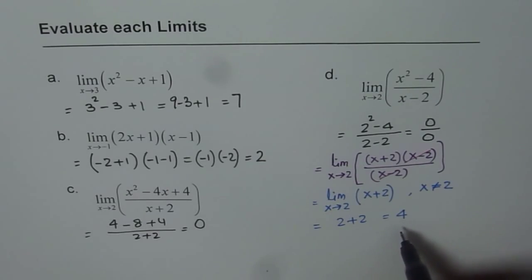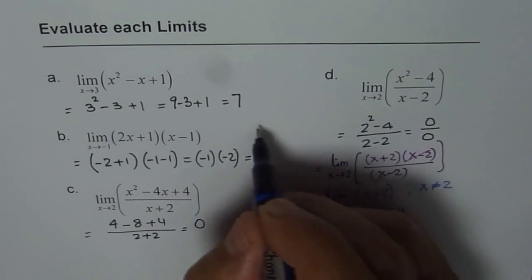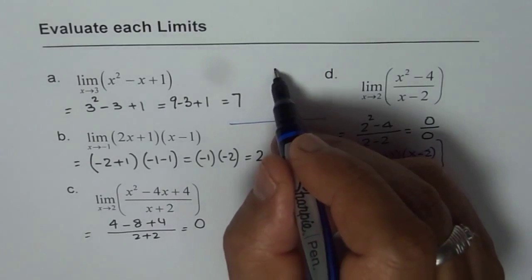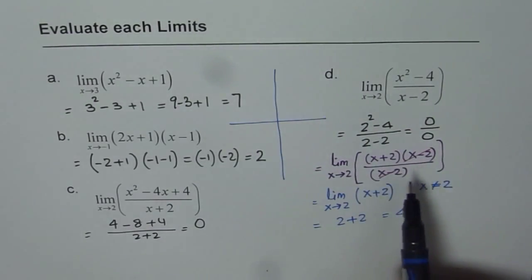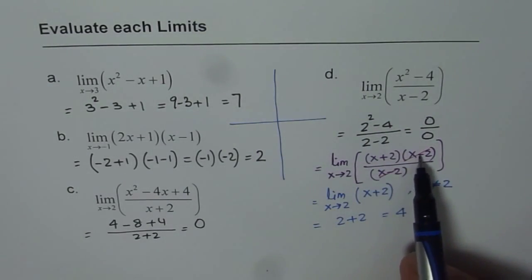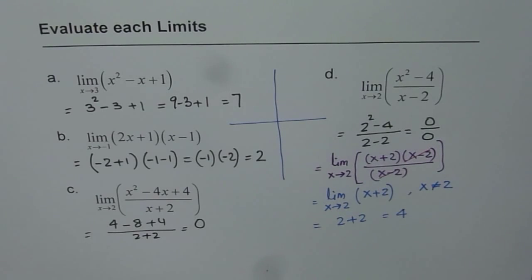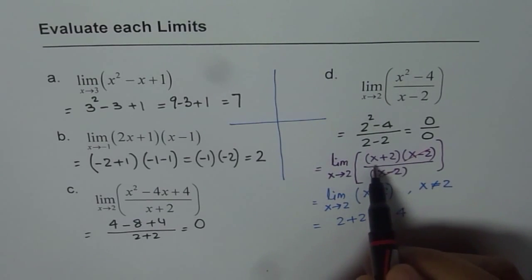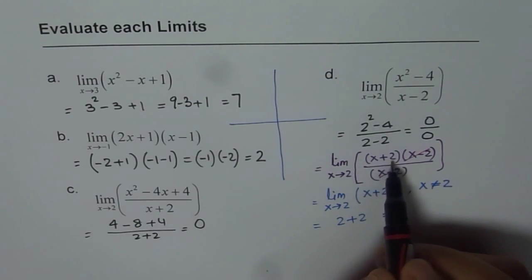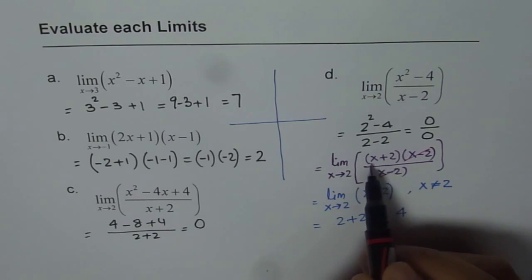Now let me sketch this graph for you and make you understand how we get this limit of 4 if we analyze the graph, right? I'll do it right here in the center. What we found here is that there was a common factor. This common factor is always because of a hole, right? So there is a hole, and the function is basically equal to x plus 2, where x is not equal to 2.